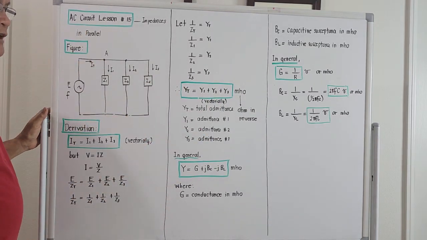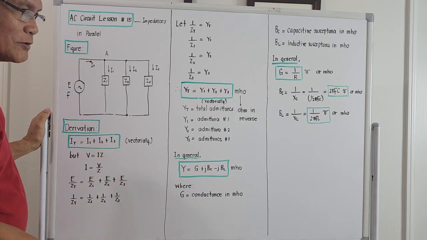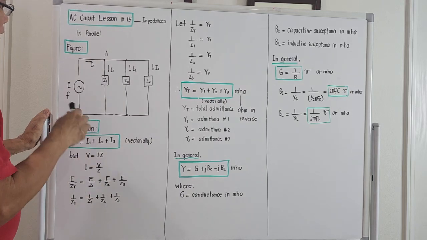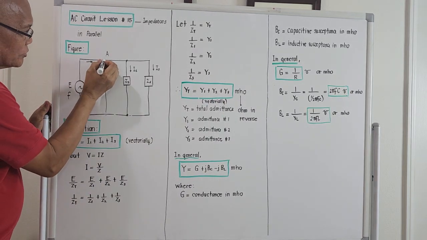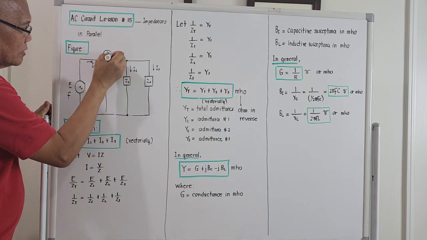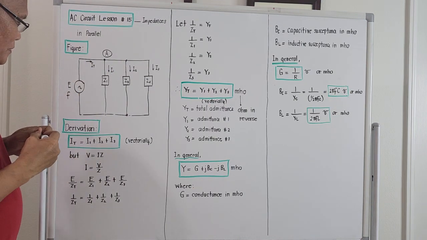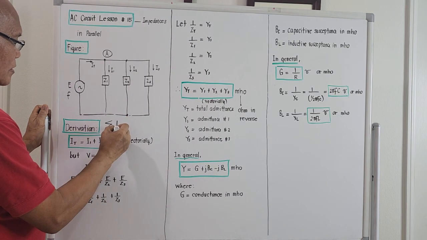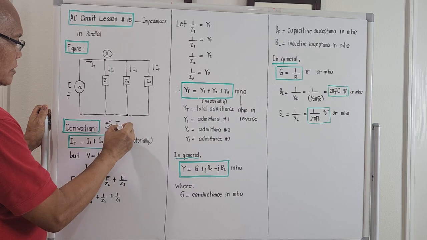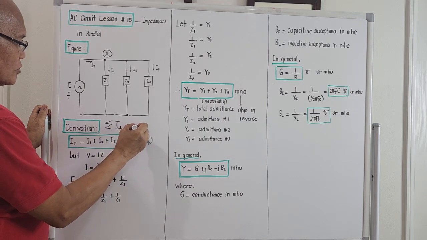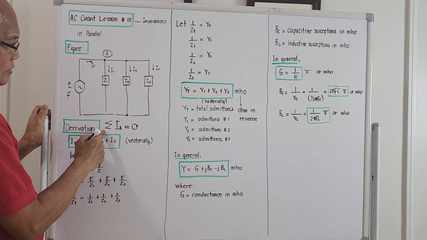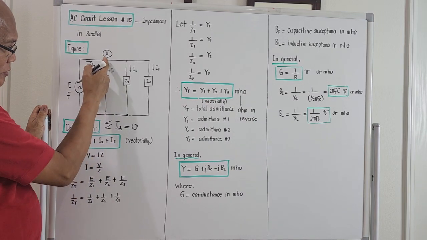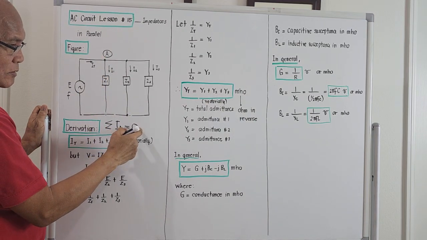Okay, let's try to bring out the derivation of the equations that are needed under parallel impedances. This node here, or this junction, I will call junction A. If we take the summation of the current at junction A, this should be equal to 0. Sigma notation, capital letter I meaning current, subscript A at the location junction A, and this should be equal to 0.